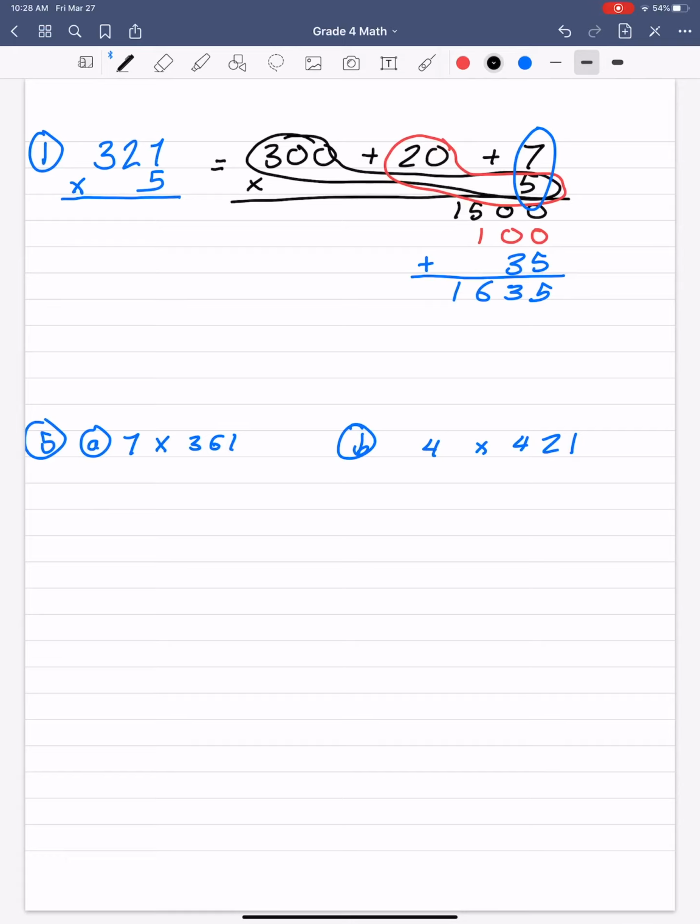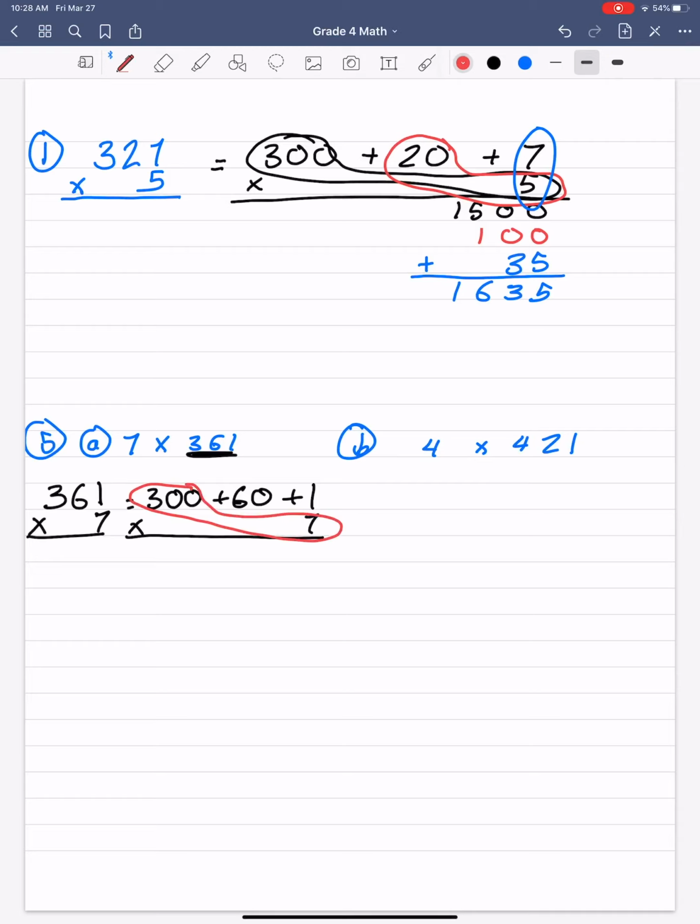5A. So this time it's written horizontally, but we're going to change that to a vertical placement. So put your greater number on top, 361 times 7. And then change that into expanded form. 300 plus 60 plus 1 times 7. So 300 times 7. 3 times 7 is 21.